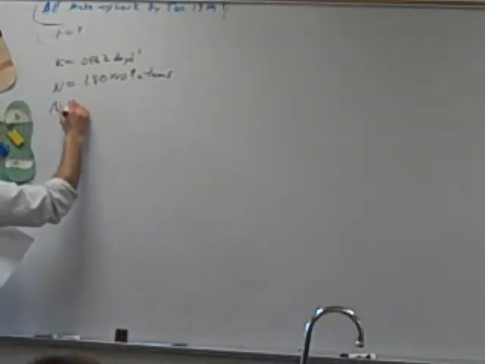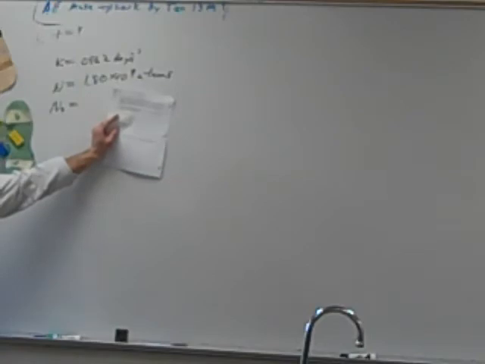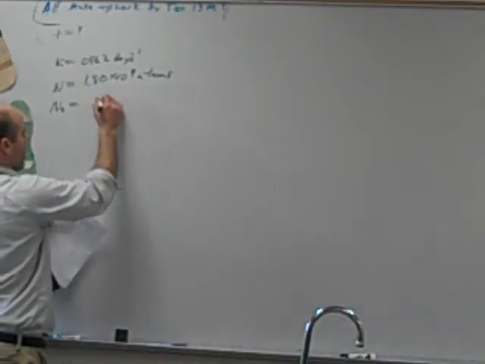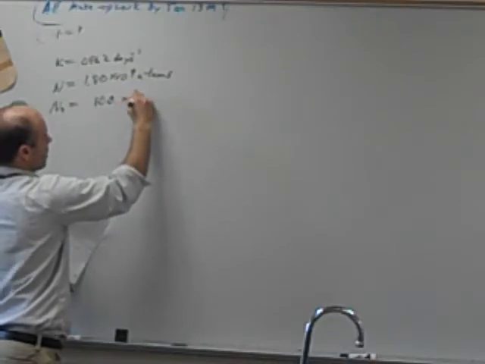What is the initial amount of radioactivity Betty received? Well, they don't tell us the number of atoms, but they do tell us, Trevor, how much solution she got. She received 100 milliliters.